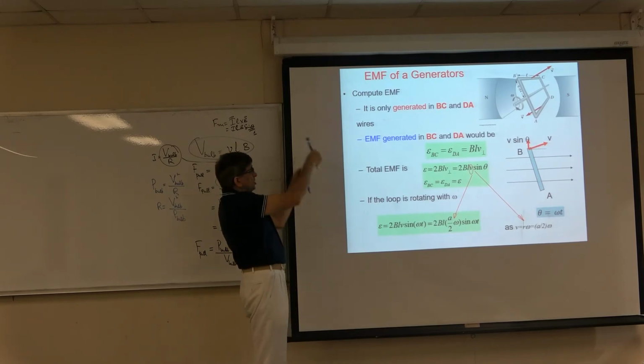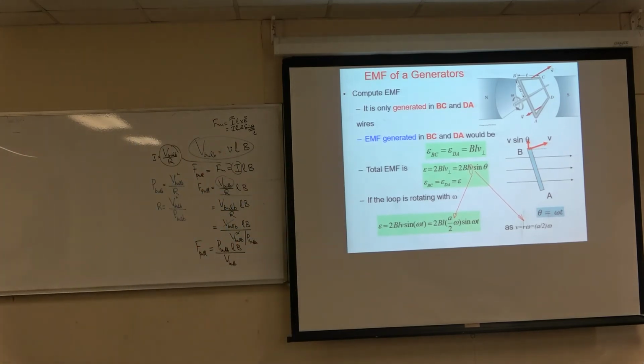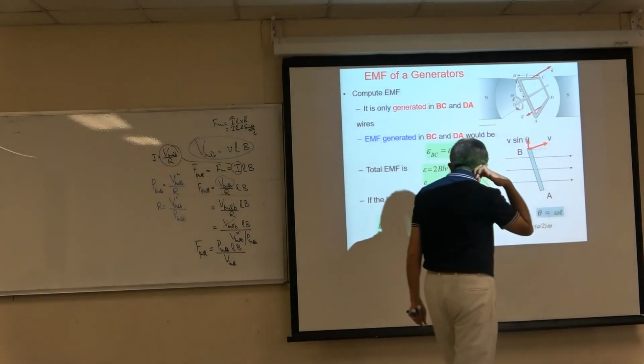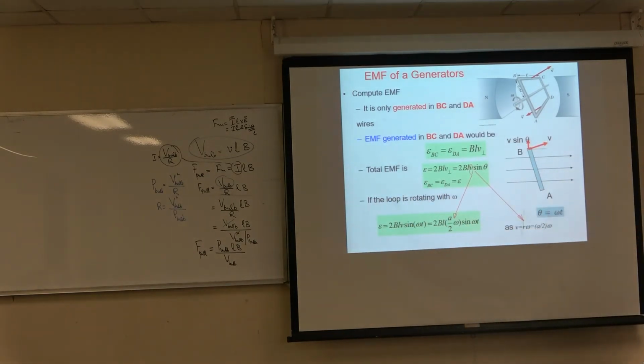Alright? When I change the orientation of the loop, what is going to happen? That will lead us to the important implication, as I said, the generators, which are used to generate electricity. Now, let's look at that.